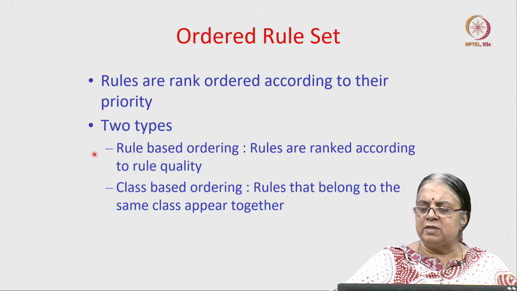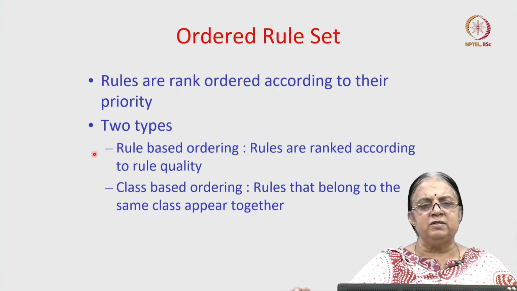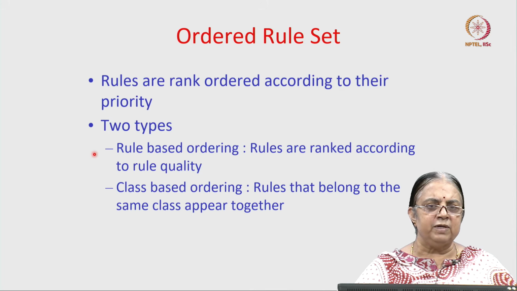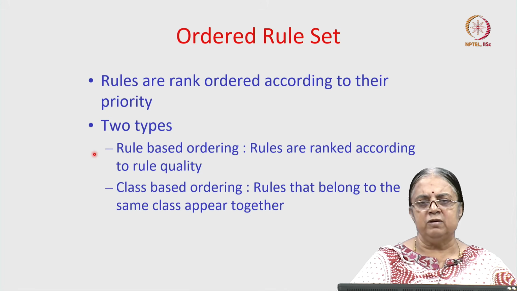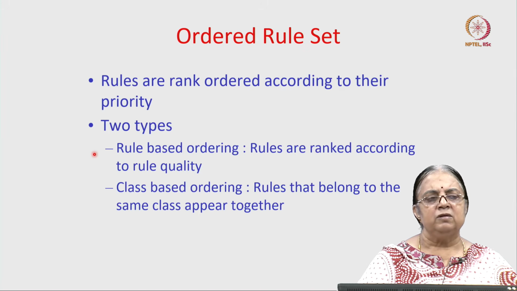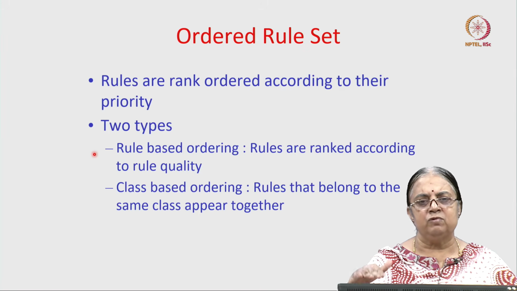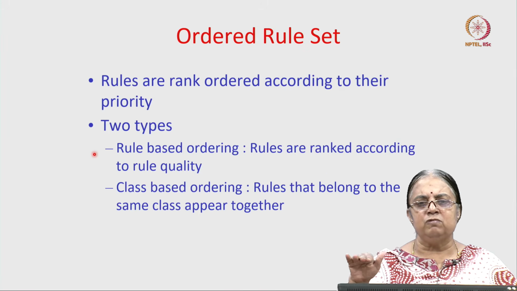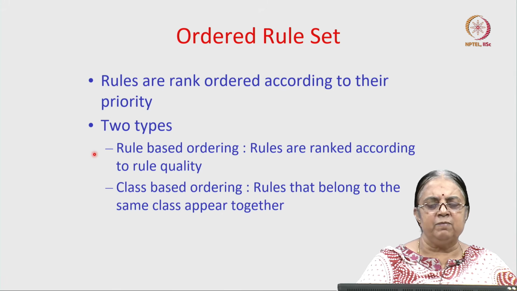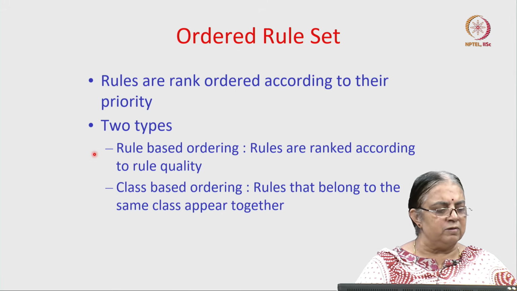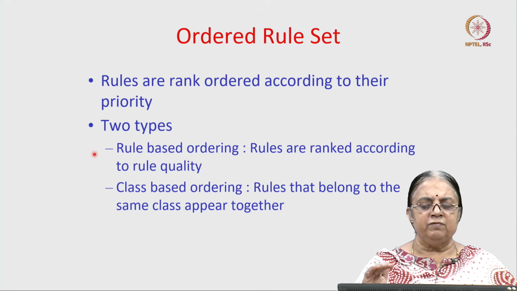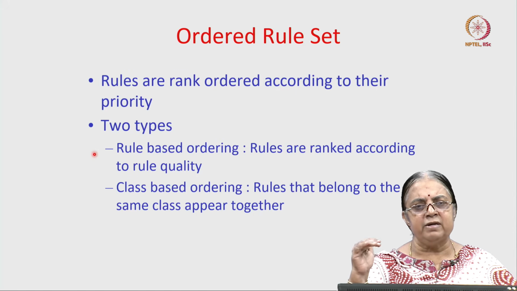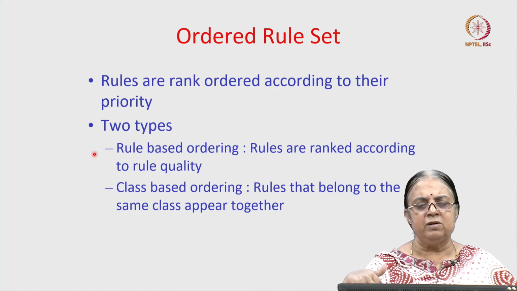Now, the rules that you have in a rule based system are ordered in a particular way. So, they are called ordered rules. When they are ordered, the idea is that you start from the top of the rules and see which rule gets fired by different instances. The rules which appear first are ranked higher than the rules which appear later.